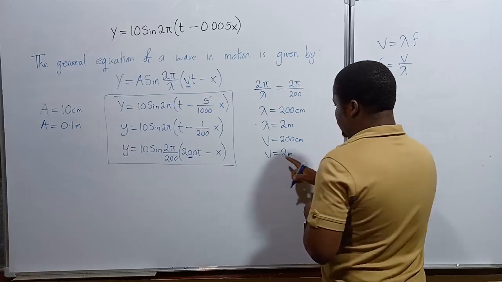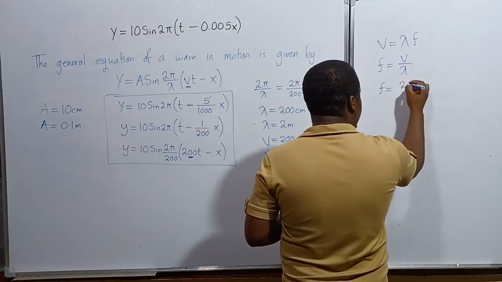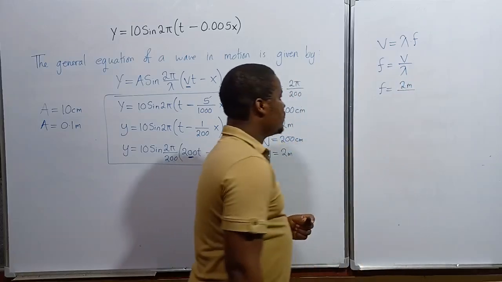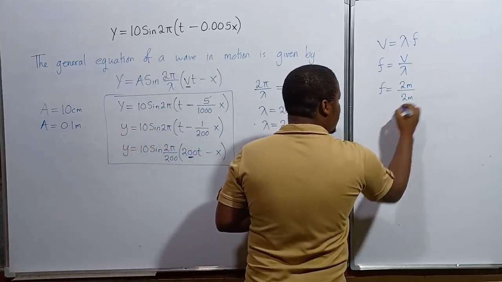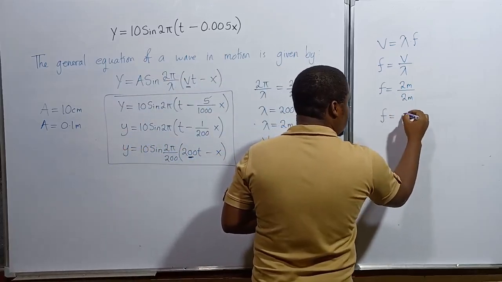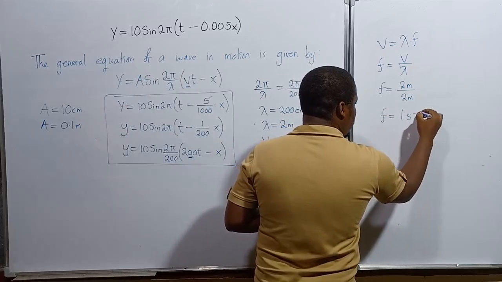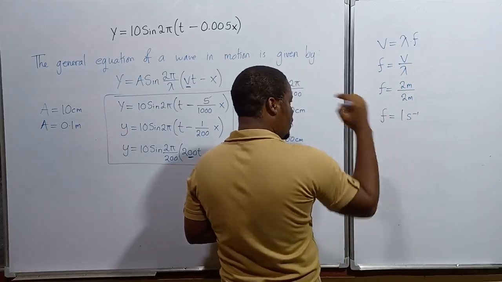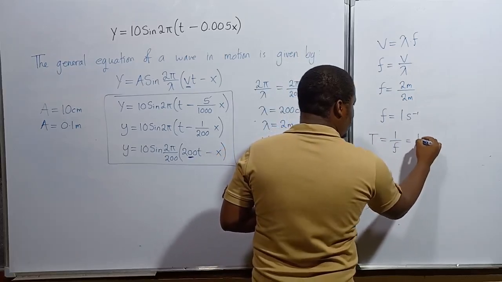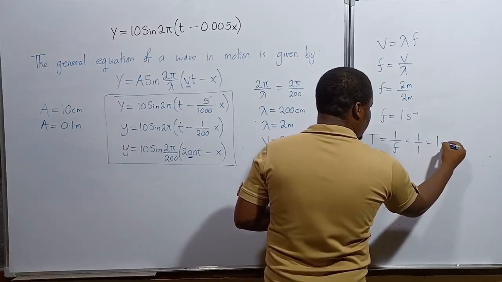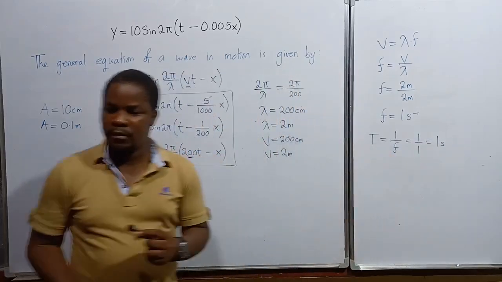What's the speed? 2 meters per second. What's the wavelength? 2 meters. Hence, the frequency is simply 1 per second. If you've been asked to find the period, it will be 1 over frequency, which is 1 over 1, which is just 1 second. So that's it.